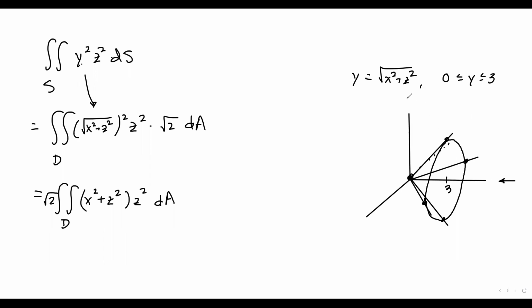Normally we look at it from the perspective of the z-axis, because z is by itself. When y is by itself, we're looking up the y-axis. And what would we see? We would just see this outer circle here. That is going to be our bounds of integration.